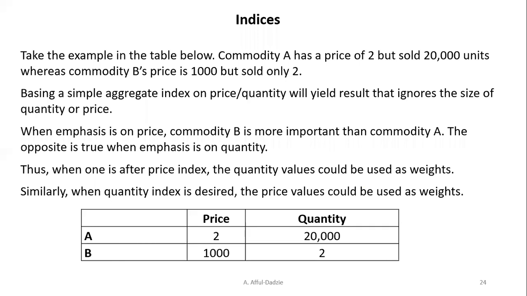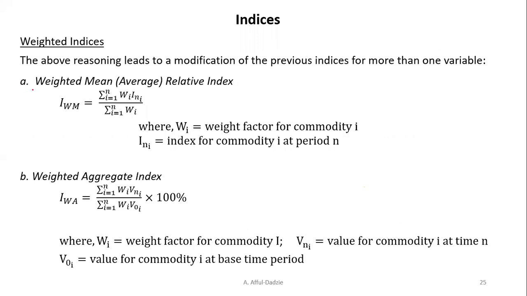Let's just go straight to it. For the weighted indices, we are going to apply the same concept from the mean weighted or average relative index, and then also the aggregated ones. But this time around, we are going to introduce weights. If you want to find the weighted mean relative index, you will multiply each index number with its respective weight, and then divide everything by the sum of the weights.